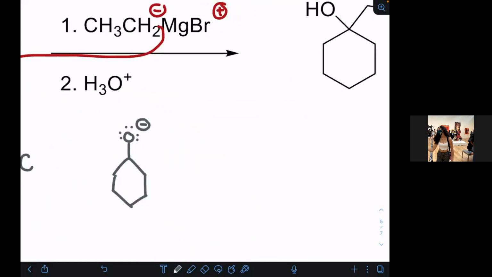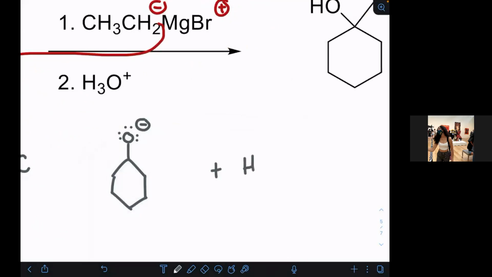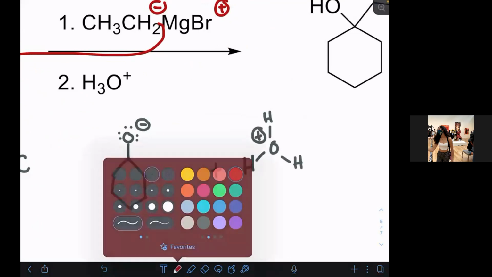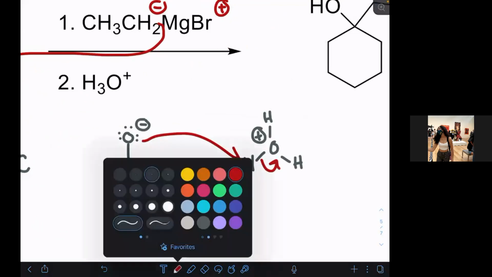Okay. So that's the first half of the reaction, and then it reacts with H3O plus. And it grabs a hydrogen and deprotonates.